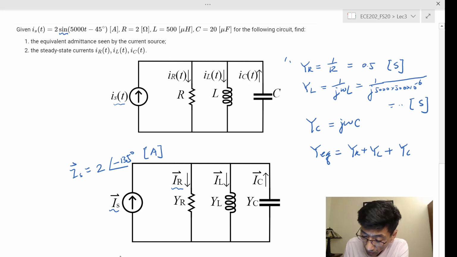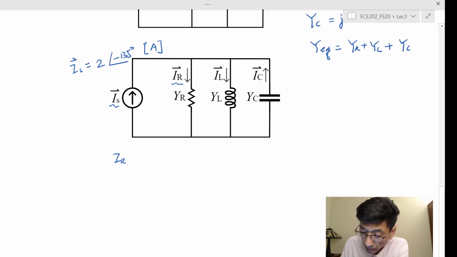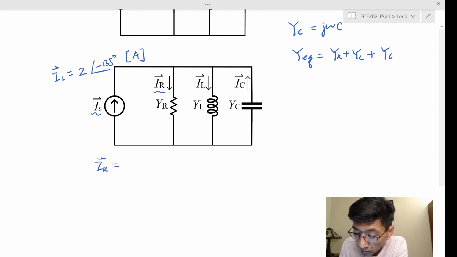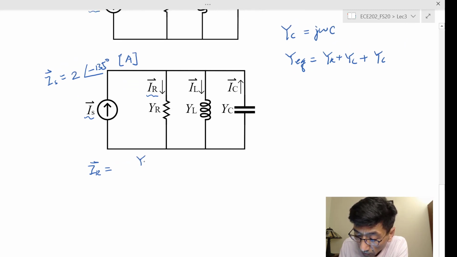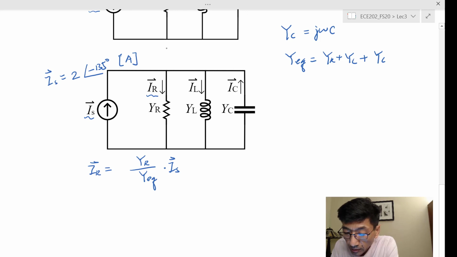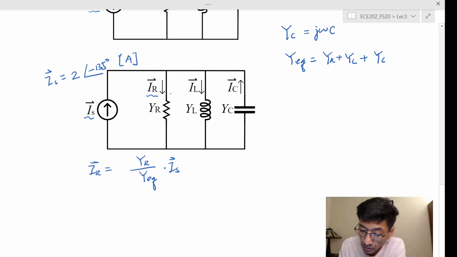And so the I sub R is equal to Y sub R over YEQ, right, times the total current, I sub S. So the I sub S here is entering this node and the I sub R is leaving. So therefore we don't have a negative sign.